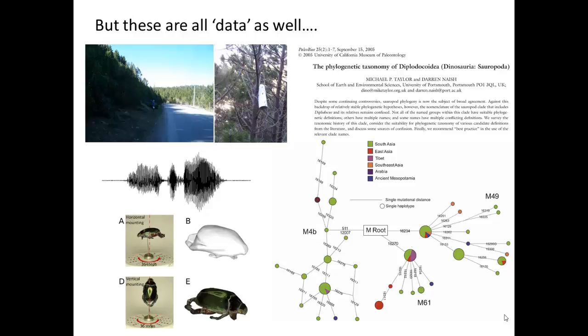The point being that there are all sorts of different things that we might call data that aren't just these atomic items. So these 3D scans, these oscillograms, these photographs, these more complex derived models can also be regarded as data.